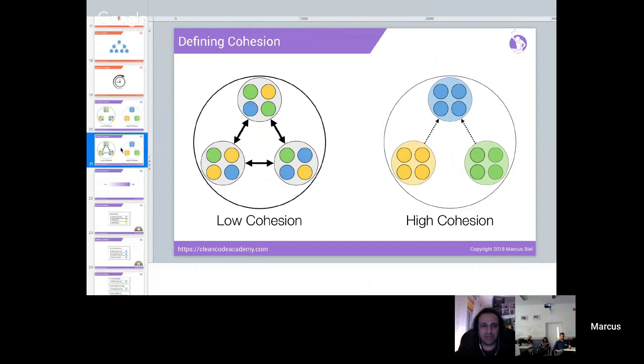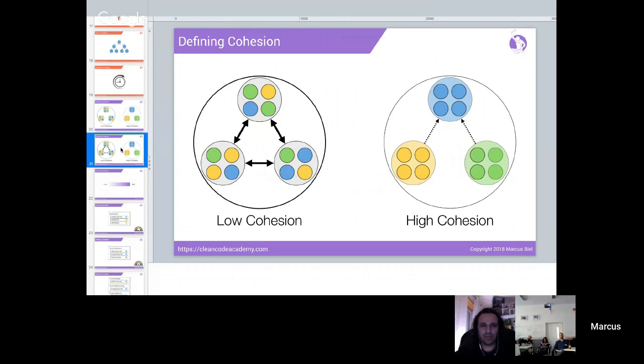Why is that? Well, let's go back to our colors. Let's go back to the blue color, and let's assume the blue color symbolizes some functionality related to a car, right? So one of the blue circles could be the wheel, the next one could be the steering wheel, and another one could be the engine. Well, obviously, these kinds of things are related, so they have to talk to each other. They have to depend on each other in some way or the other.